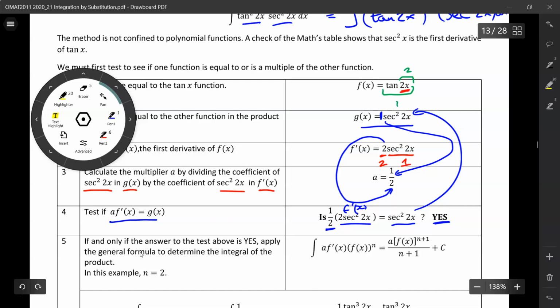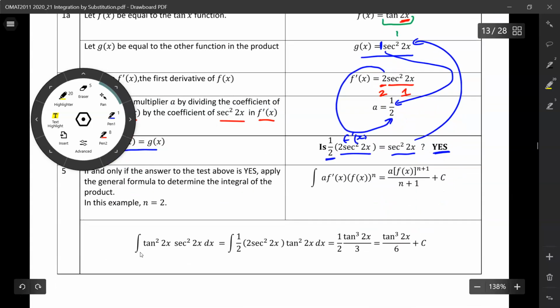Therefore, we're able to use our function here, and in this example, n is equal to 2. So this is my a, this is my first derivative, this is my function f at x, and the power here is 2.